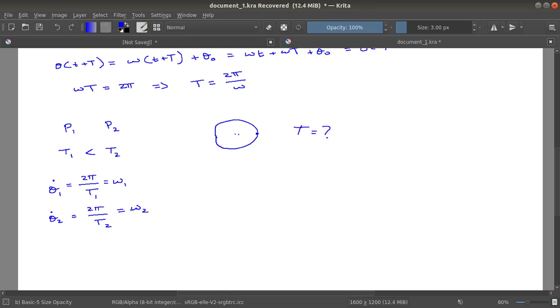Now we have to solve these, and then identify when the difference will once again go to 0.